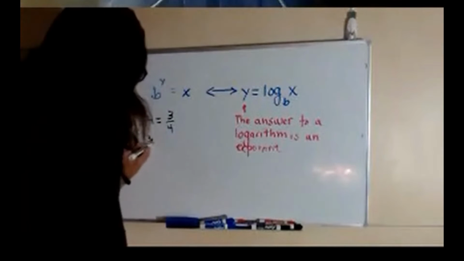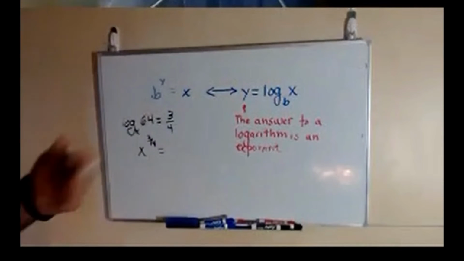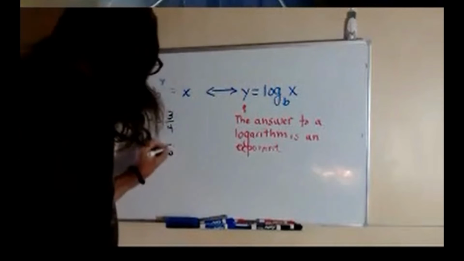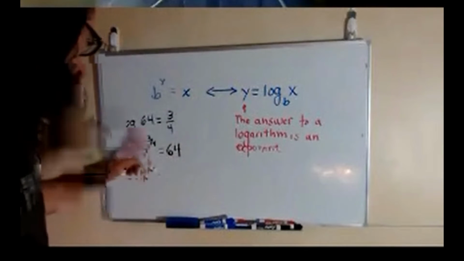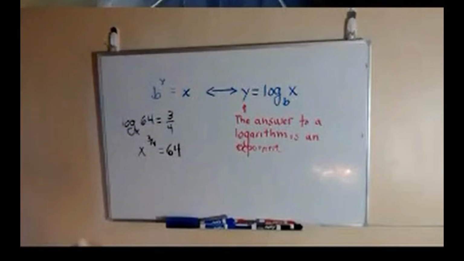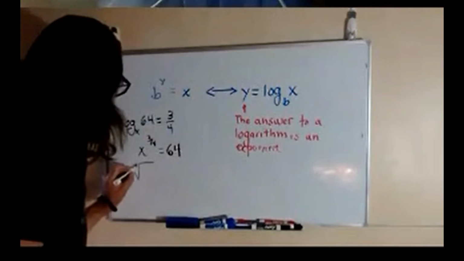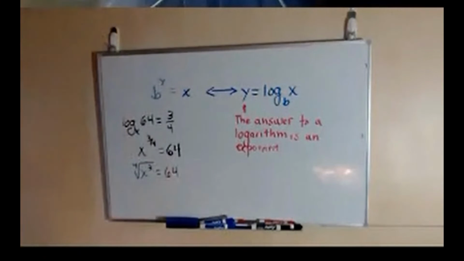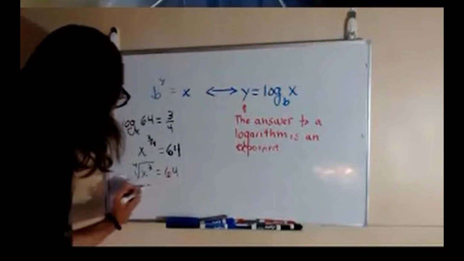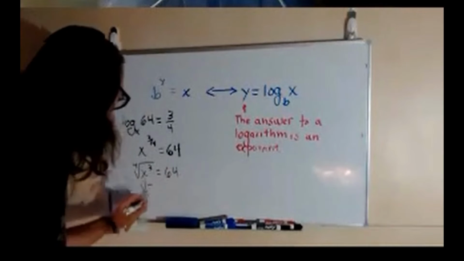Got x to the 3/4. By process of elimination, that would have to equal 64. Now, I could rewrite that as a radical, the 4th root of x cubed, or the 4th root of x, all of that cubed.